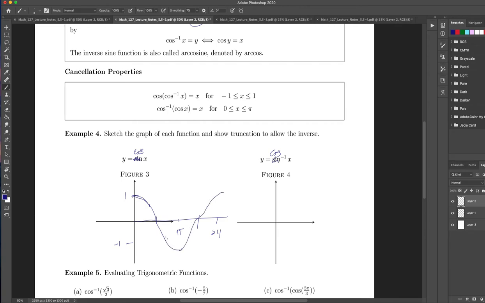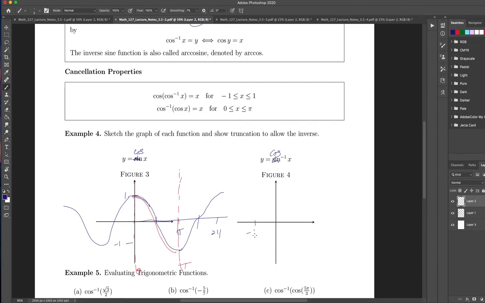and then we'll come back up and do this. Now notice, this goes on and on, as you know, but here we're going to have to restrict this much like we did for sine. Here we're going to restrict it from 0 to pi, and then I have my restricted cosine function, which allows me to draw my inverse cosine function.